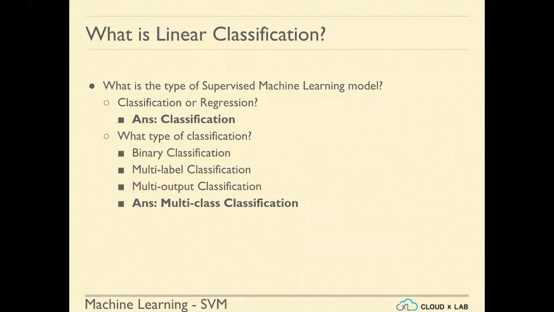If we are classifying something into a true and false kind of scenario, we call that binary. If we are classifying something into one of multiple classes, A, B, C, or D, then we call it multi-class. If we are putting labels on something, and there could be multiple labels on the same thing, we call that multi-label classification. All right?